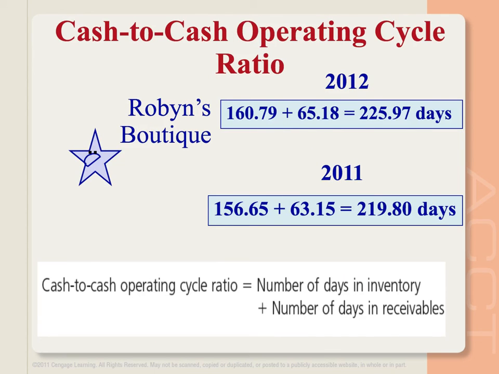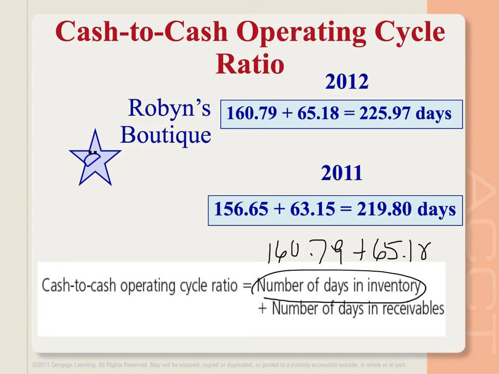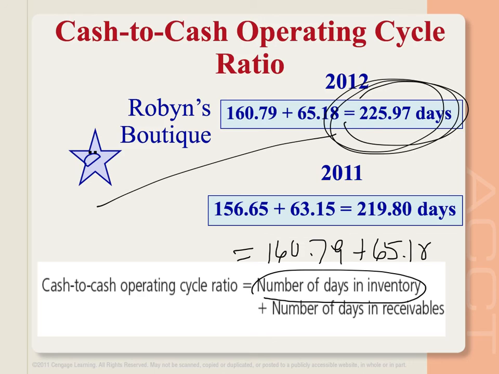The cash to cash operating cycle, and what we do with this is we take the cash to cash operating cycle ratio is the number of days of inventory. So we got that, 160.79, plus the number of days in receivables, is telling us how many days it's taking us to get cash.